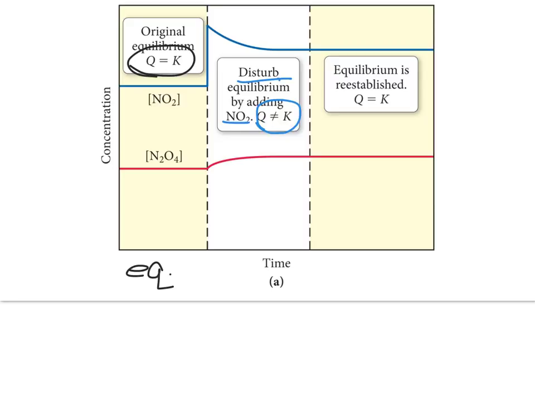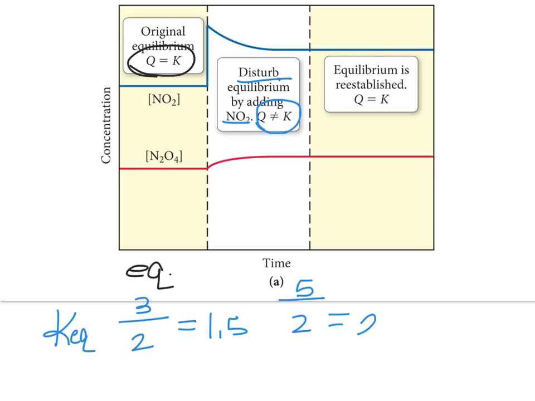So let's just say, for instance, we had KEQ equal to 3 over 2 or 1.5. And then when we disturbed it by adding more of the product, let's say we went to 5 over 2. So now the ratio is 2.5. Right, equilibrium tells us that this value is going to be constant at the same temperature.